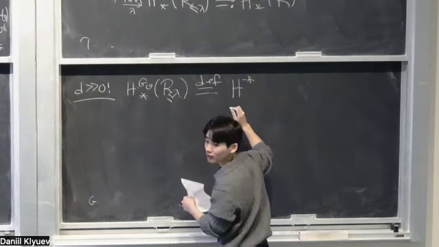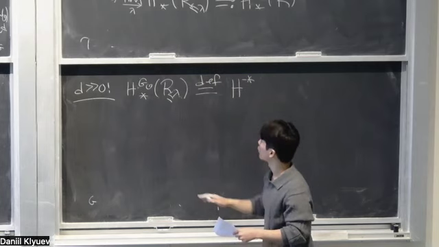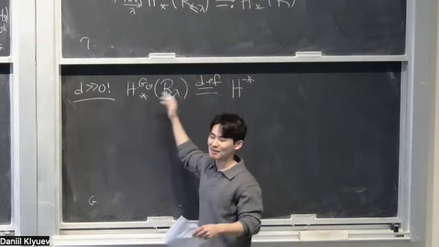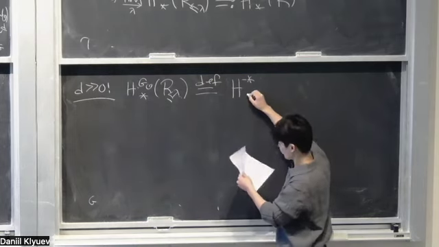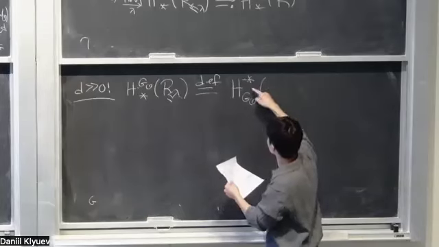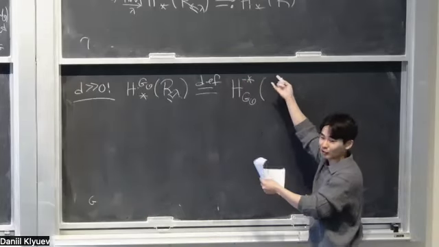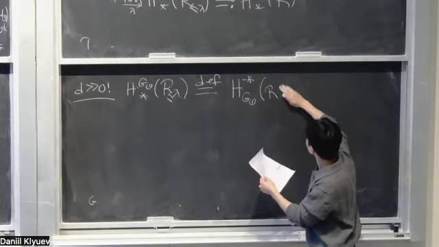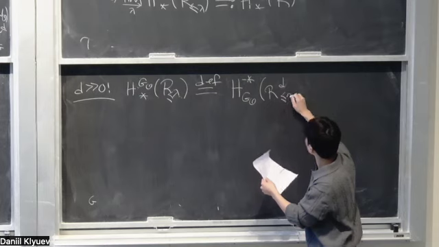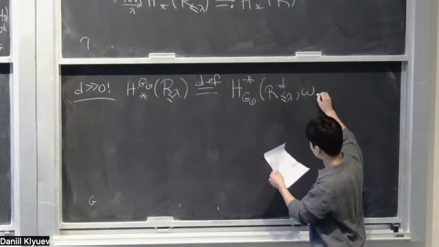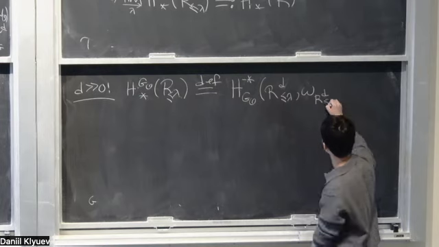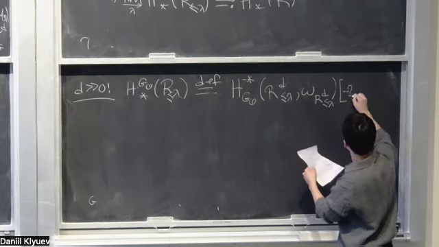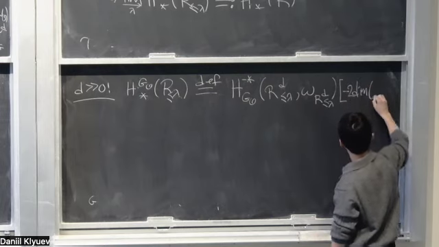With some large integer, it's the equivariant cohomology with minus in the usual thing, and then this is the dualizing complex, and then shift by the correct relation.